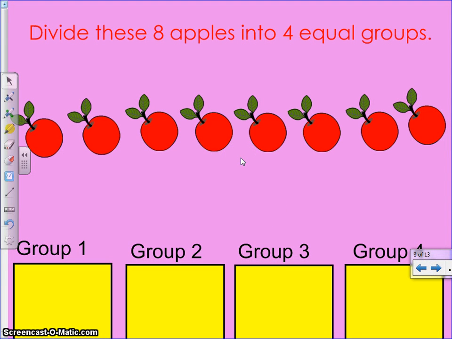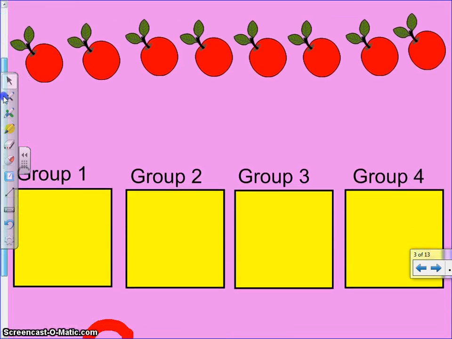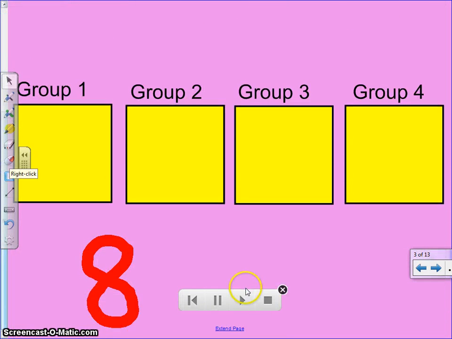So here we have 8 apples. 1, 2, 3, 4, 5, 6, 7, 8. And we're going to divide them into 1, 2, 3, 4 equal groups. Okay, so we're dividing them into equal groups. Here's what that's going to look like.